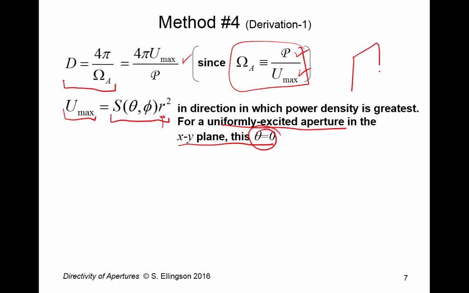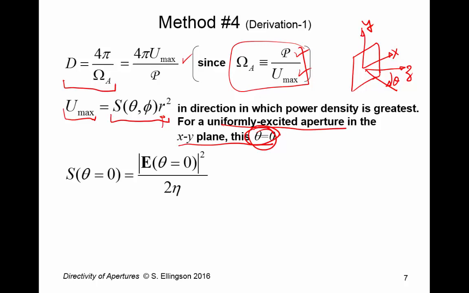There's no loss of generality in doing this, but just to establish some coordinate system to think about the problem. We're talking about an aperture here which lies in the xy plane, and then angles relative to broadside are theta. So in the direction in which the directivity is greatest, that's along the z-axis, or theta equals 0.